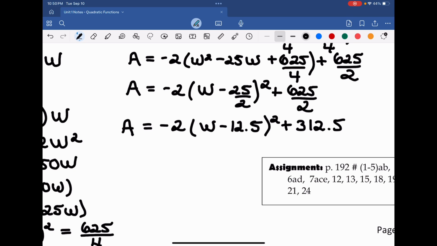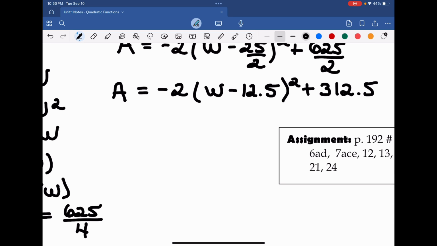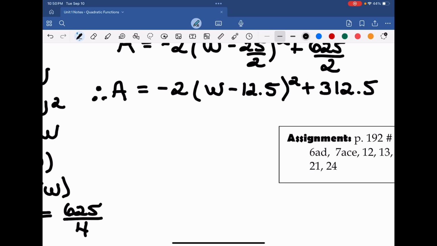Excellent. Okay, now we have to pick this apart. Here's what this actually means. Therefore, we could even have written the therefore here, starting at the equation. We're going to write a couple of bullet points. The width, or the w, is equal to, and I'm going to use a full sentence here, so the width is 12.5.